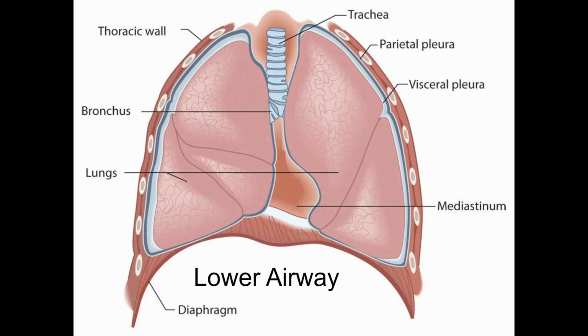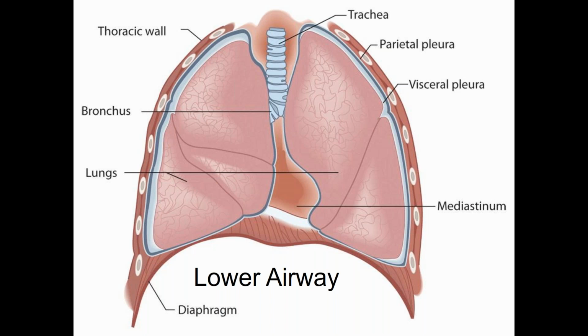Moving right along, we're going to talk about the structures of the lower airway anatomy here for a minute. When we're breathing, we're ventilating, we're getting gas from the outside to the inside. I told you it was all based on pressure. So what happens in this situation is my intercostal muscles, the muscles between my ribs, contract and pull my chest wall out.